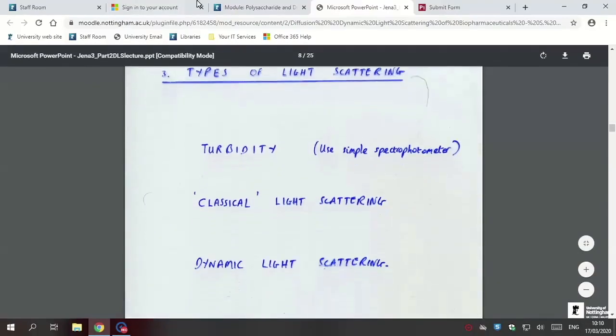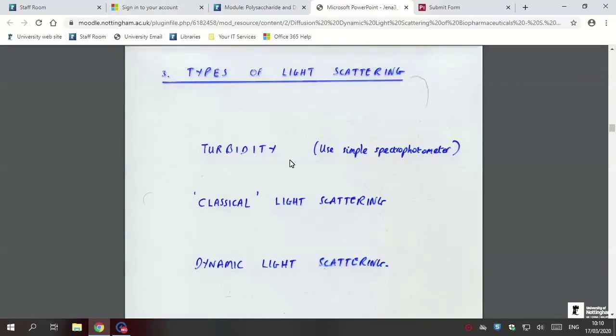And just a revision of types of light scattering: turbidity, that's just measurement at zero angle. When light passes through a solution, it will get absorbed, and so the intensity of light will be different coming out because of absorbance. But even if you are away from absorbance maximum like 280 nanometers, if your solution is concentrated, the intensity will drop because of loss of light through scattering.